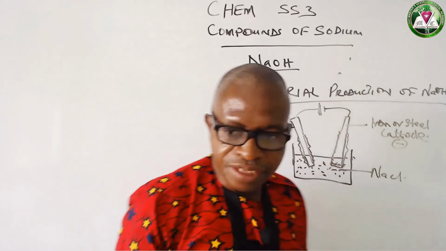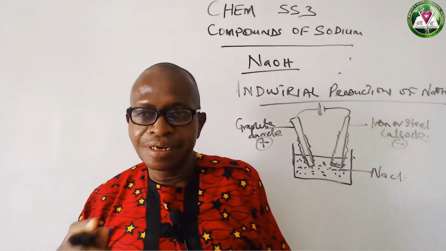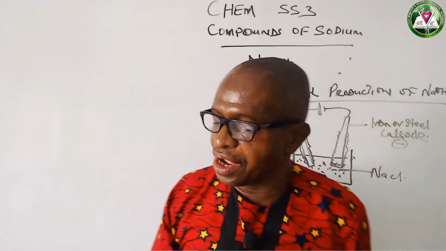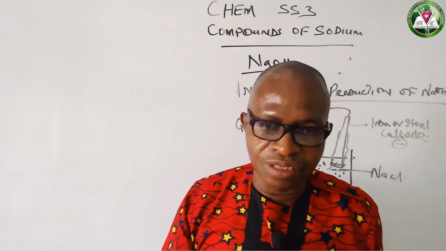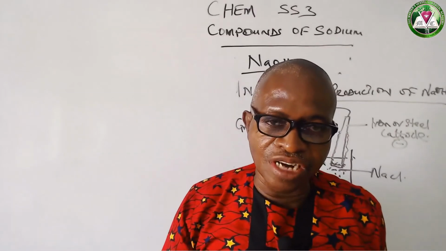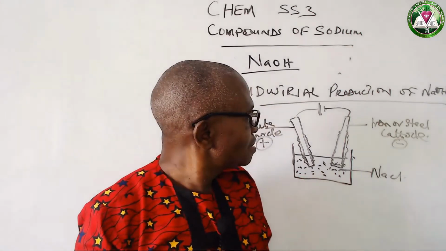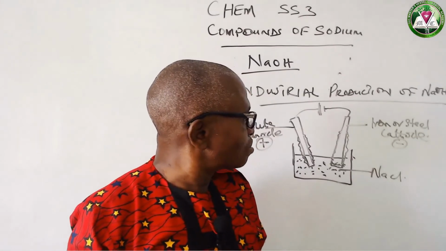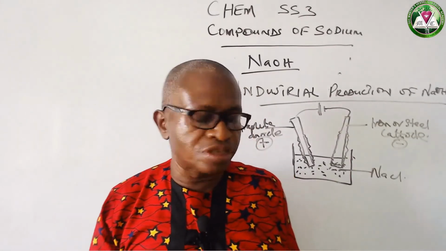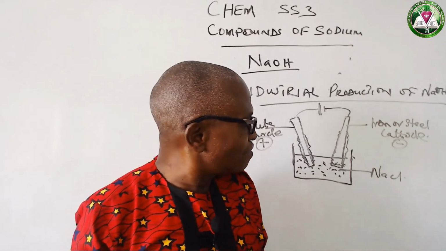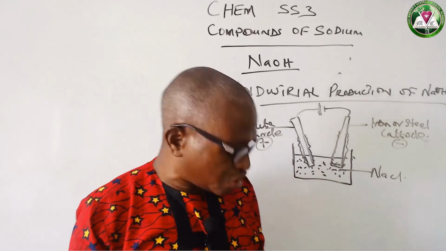I've already taught you that at the site of the anode is where oxidation occurs, and oxidation is loss of electron. At the negative electrode is where reduction occurs.